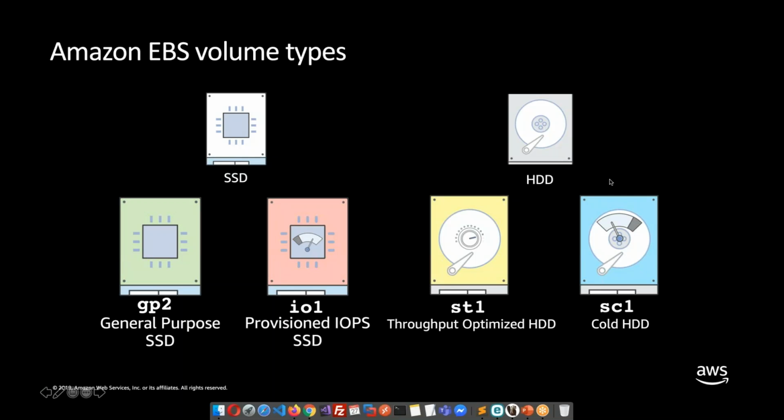But in terms of performance, the SSD is more powerful compared to HDD, where HDD has about 50 MB per second throughput, whereas SSD has, I think, a max of up to 20K throughput per second.